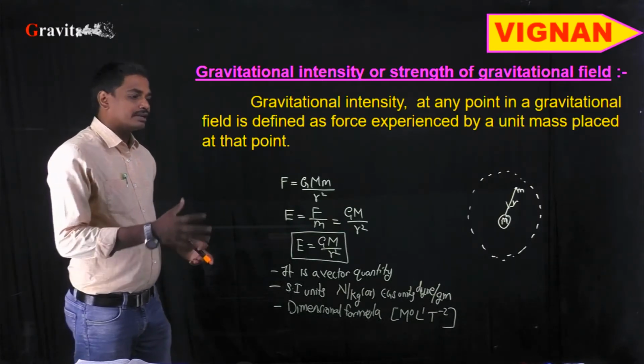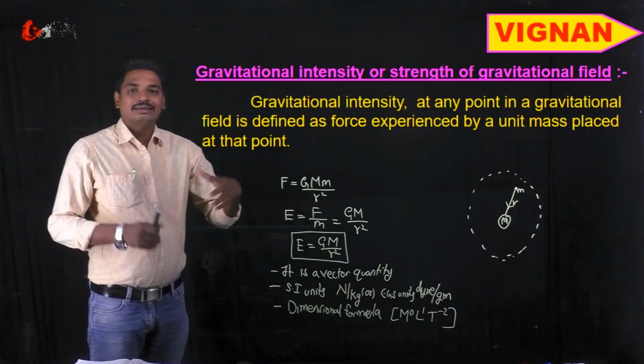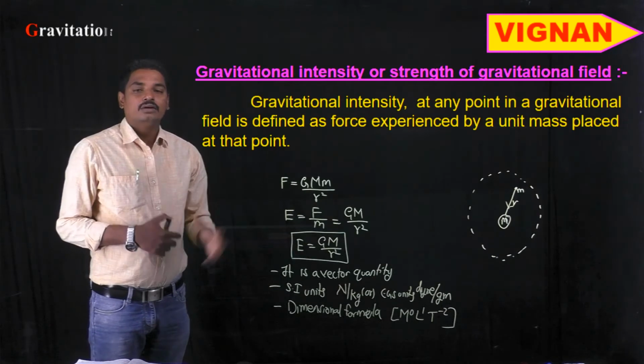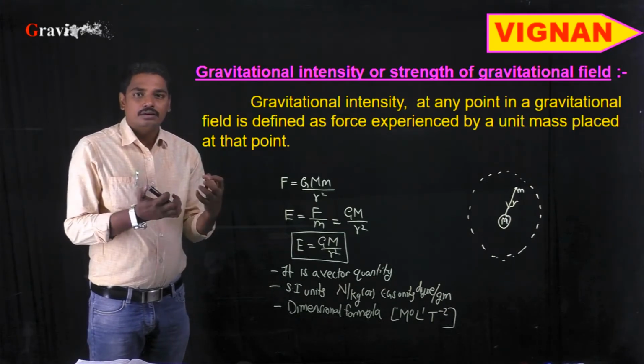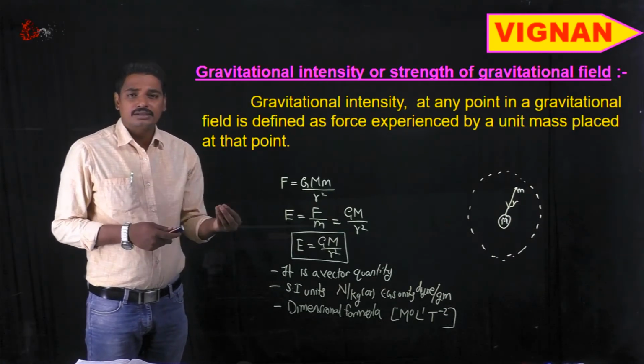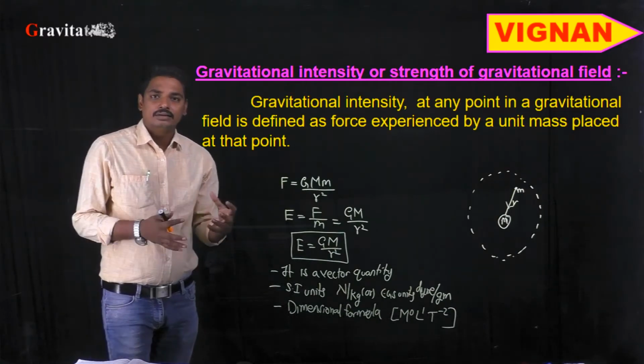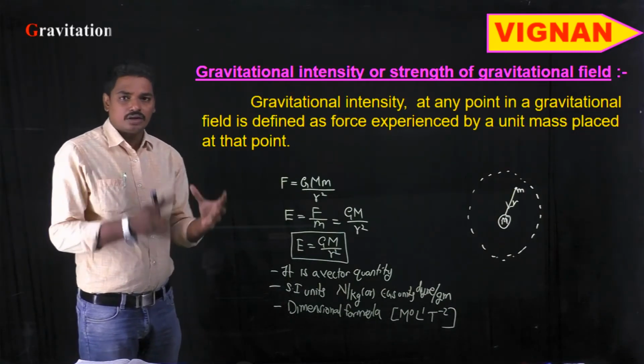So from now, let us see how to calculate gravitational intensity for different objects, like for a point mass, for a ring, for a spherical shell, for a solid sphere.